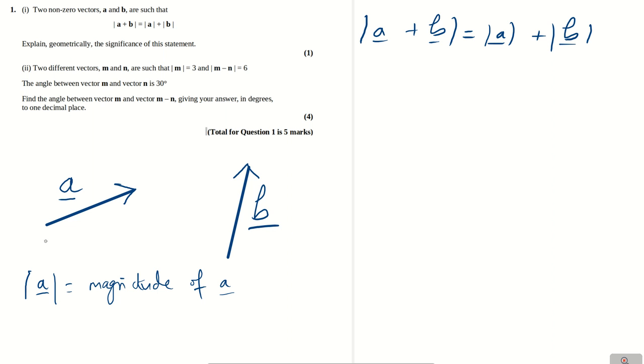If I use the two vectors I've got here, vectors A and B that I've drawn, then if we want the vector A plus B, what we can do is redraw vector A. I'll do it in a different colour.